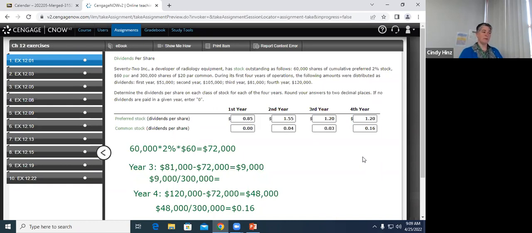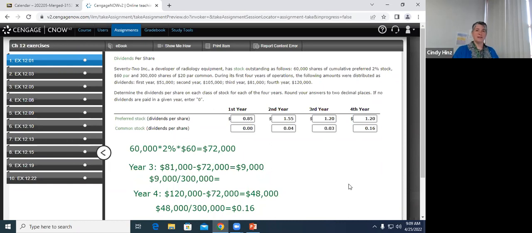The preferred stock probably costs more on the open market than does the common stock. And so we have to look at the return on those shares. So not only do we have the dividends per share here, but we'd also want to look at the dividend as a percent of the market value. So that gives us one piece of information.